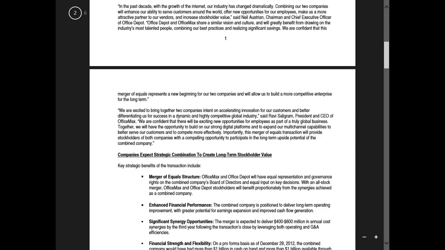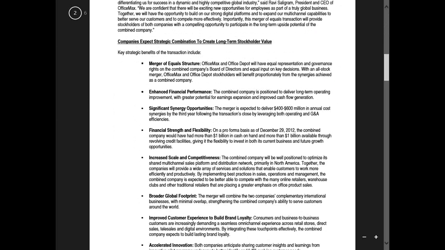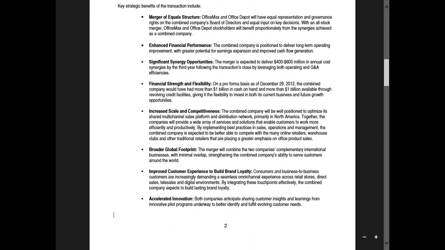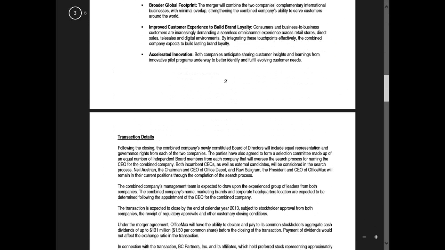Stockholders will receive 2.69 Office Depot shares for each Office Max share. They don't really talk about, here it's 2 meters.